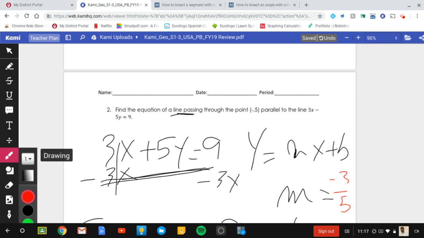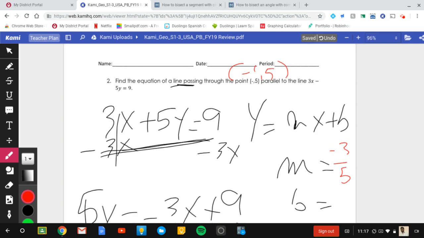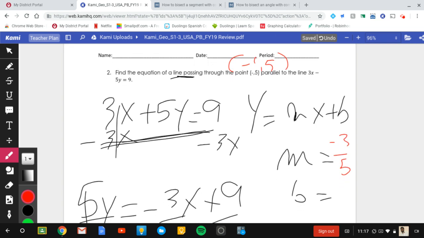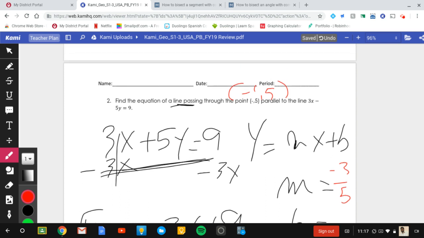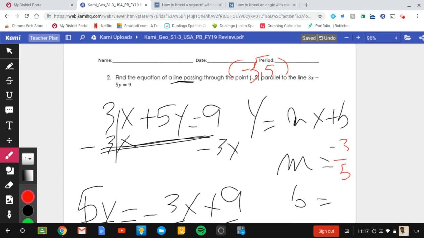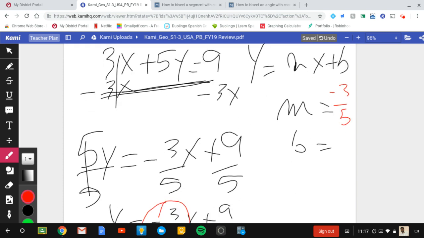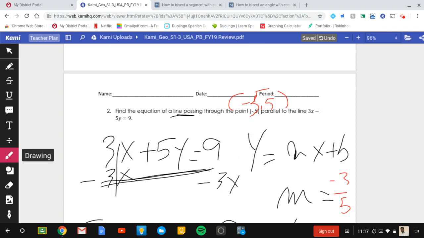Okay, let me go ahead and rewrite that. We're going to say this is -1, comma 5. Actually, let's make it -5, comma 5. I'm doing that so I don't have any decimals, because I don't see what the number is supposed to be.